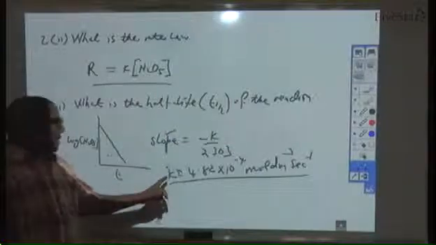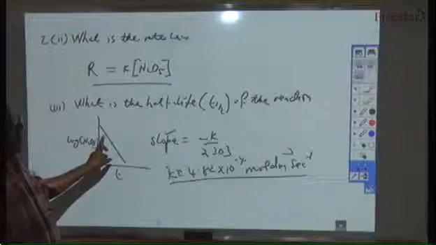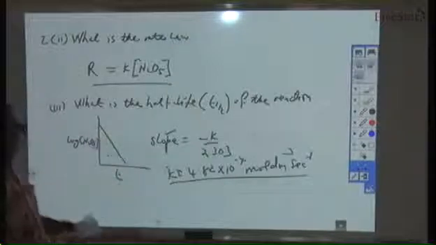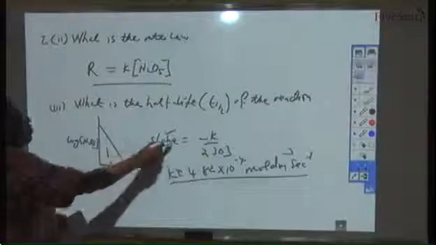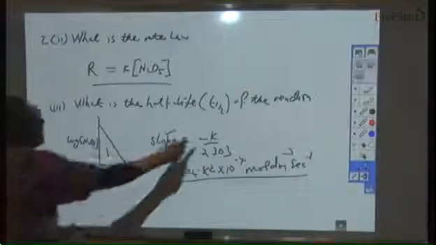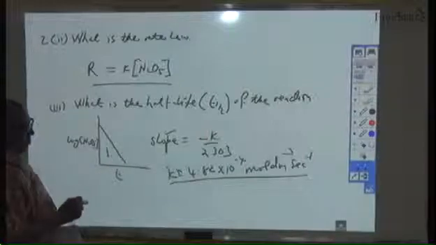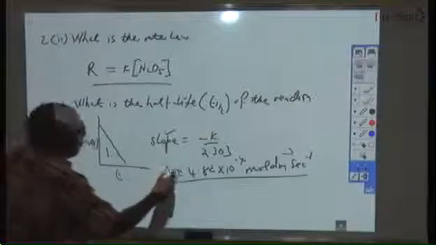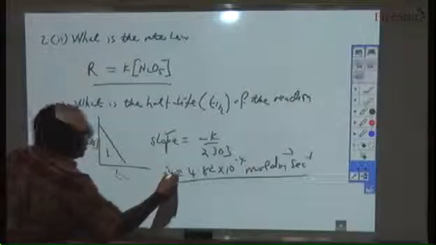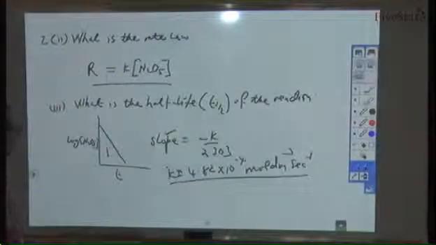How do you get the value of k? From the slope of your graph you did, you evaluate physically this slope. It is a negative slope because it goes in this way. From the slope, you can evaluate the value of k. If you do it, you get the value of k is this much, the rate constant.